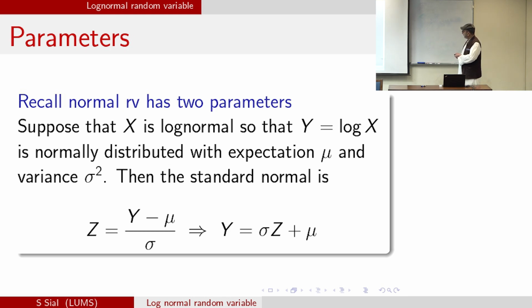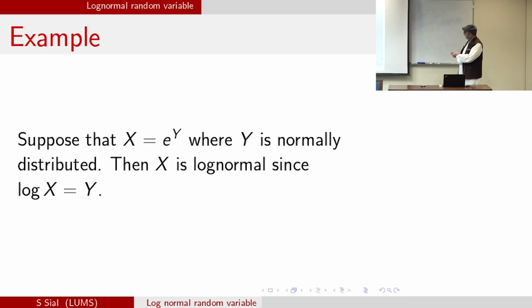Okay, so, right, the logarithm, whenever I say log, it means natural logarithm, okay? All right, so let's go back here. Y is normal, so normal random variables have two parameters, right? Which we would say mu and sigma are the two parameters, or mu and sigma squared.